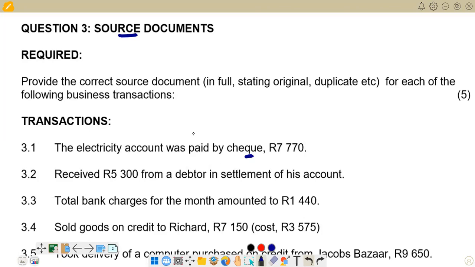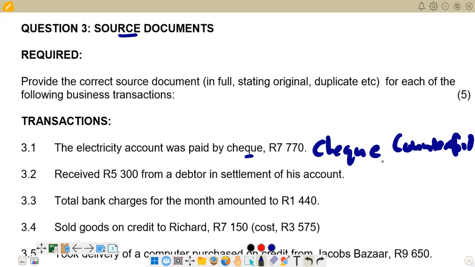There's a part of that check which remains in that checkbook, which we call a check counterfoil. So a check counterfoil becomes the source document that supports this issuance of the check that has taken place. So here we have a check counterfoil. This is what we have in terms of the source document of 3.1.